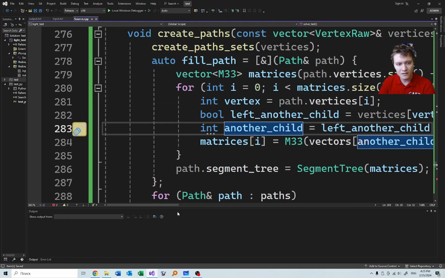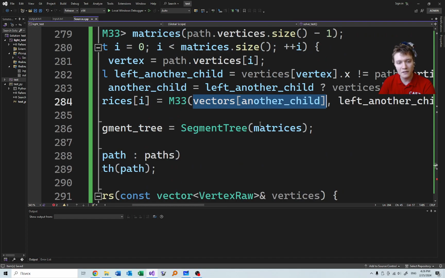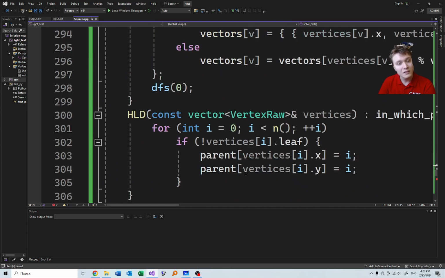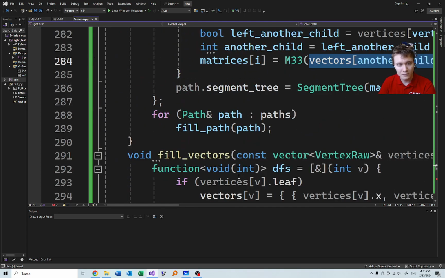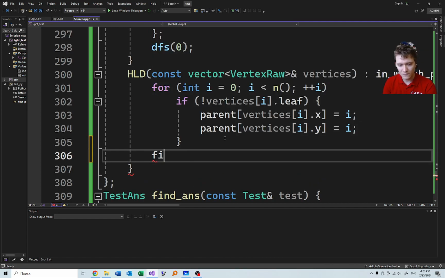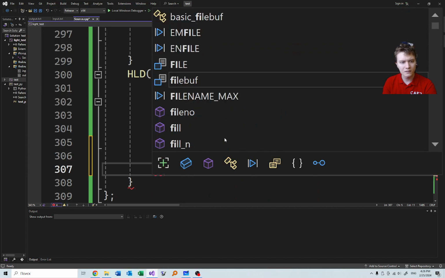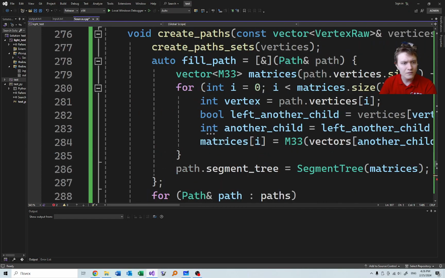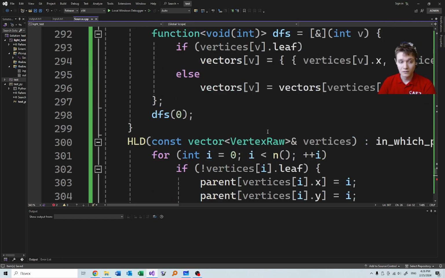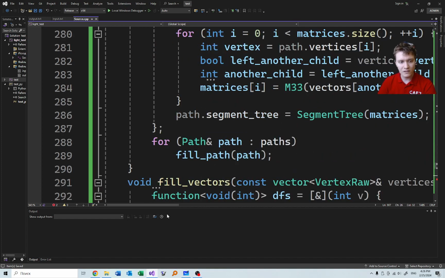Okay, the problem with that is that vectors is not obligated to store everything about everything, but another child is a top vertex of a path. So we will need to fill it updated always, at all costs. So we need to fill vectors here. So let's fill vectors of vertices and construct, how is it called? Create paths of vertices. Now it's more or less fine.